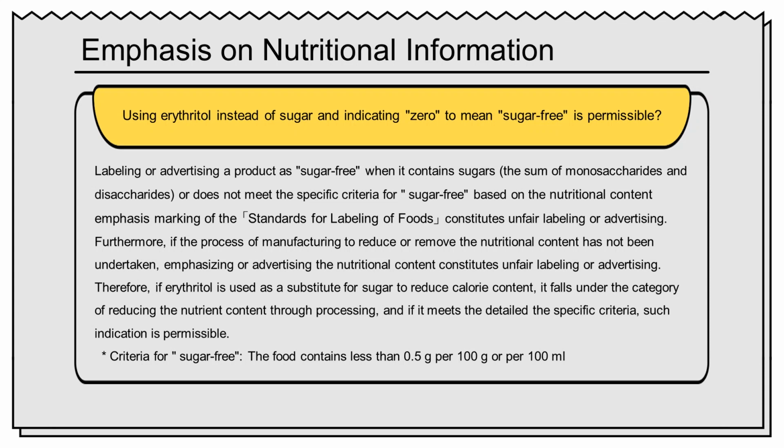Additionally, highlighting or advertising of nutritional components, when a manufacturing process that reduces or eliminates nutritional components has not been undertaken, is also considered misleading labeling or advertising. Therefore, in the case where erythritol is used instead of sugar to reduce calories, it falls under the category of reducing nutritional components through manufacturing and processing, and if it meets the specific criteria, such labeling would be permissible.